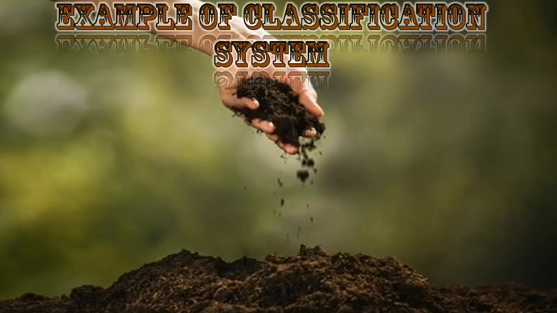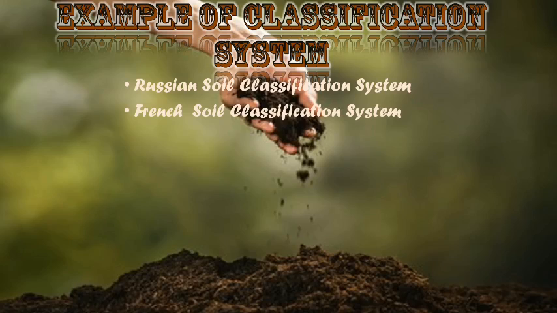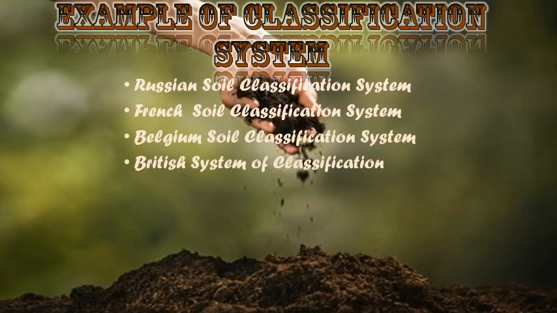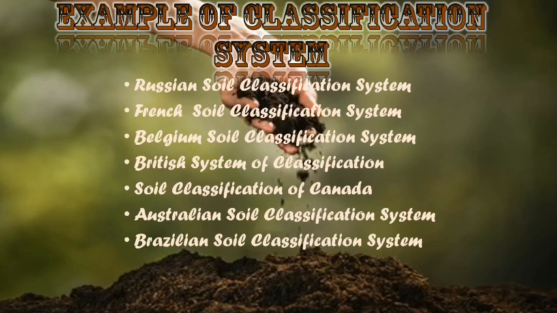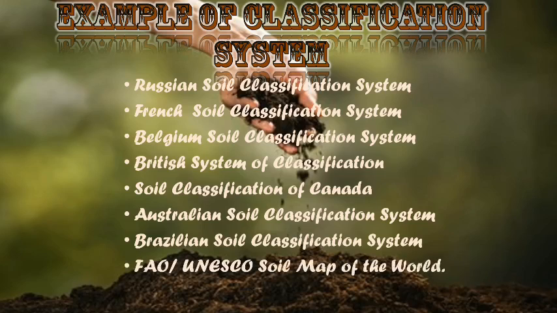Examples of classification systems: we have the Russian soil classification system, French soil classification system, Belgian soil classification system, British system of classification, soil classification of Canada, Australian soil classification system, Brazilian soil classification system, UNESCO soil map of the world, and the U.S. soil taxonomy.